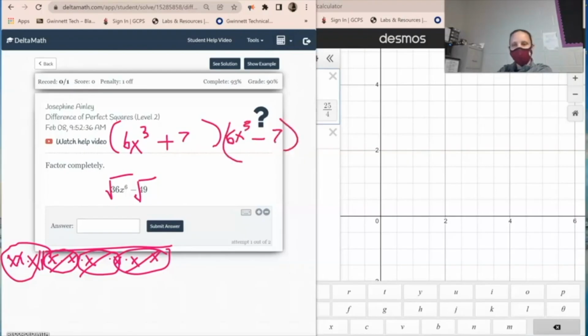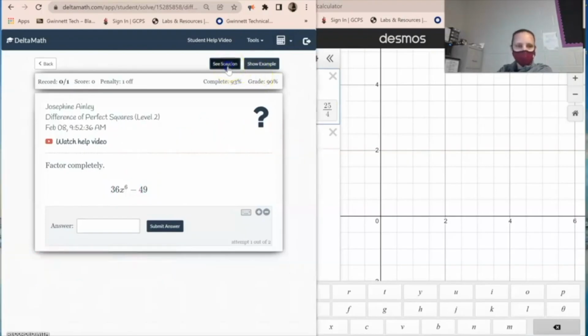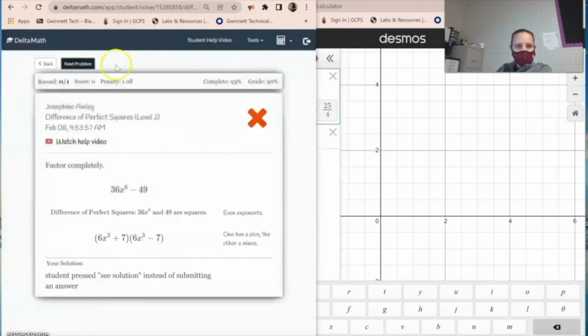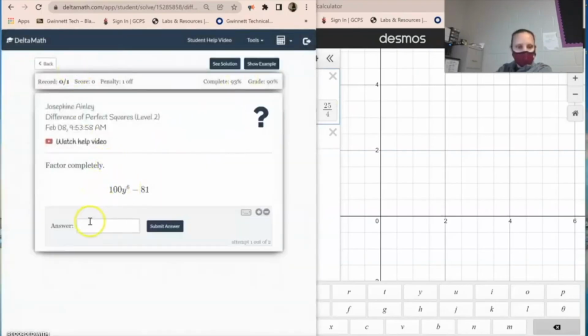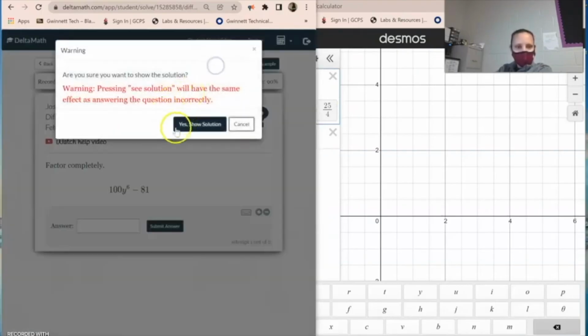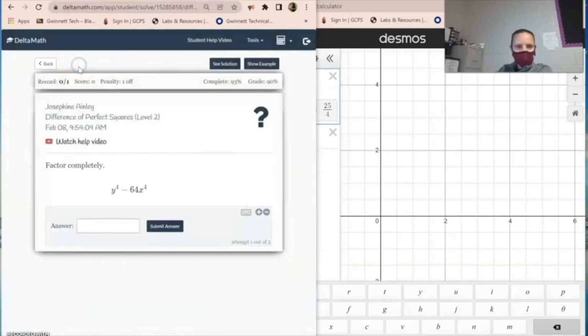Right, I'm going to do one more question on this because it's pretty similar. All right, square root of the first thing. Actually, I want a harder question. Let me see if I can get a harder one. Nah, I'll do this one. Okay. So again, your parentheses, square root of the first thing. So y to the 4th power. What does that mean?